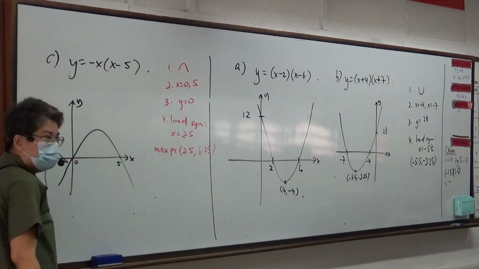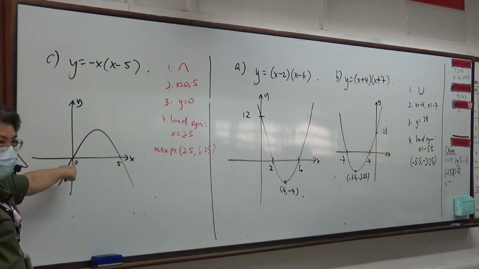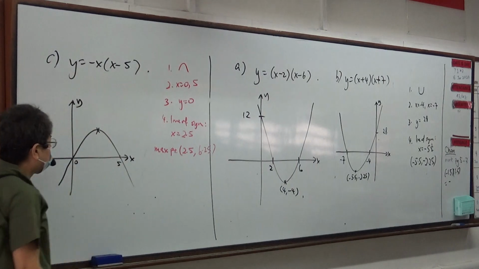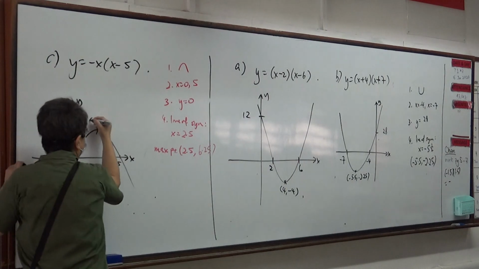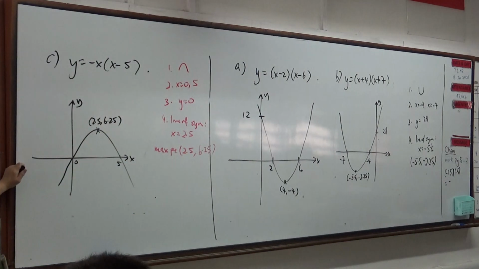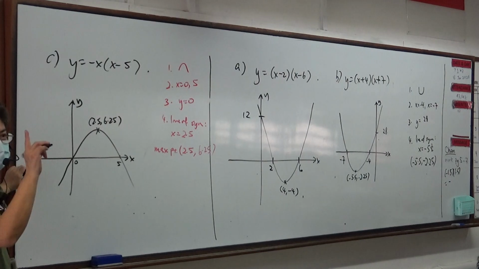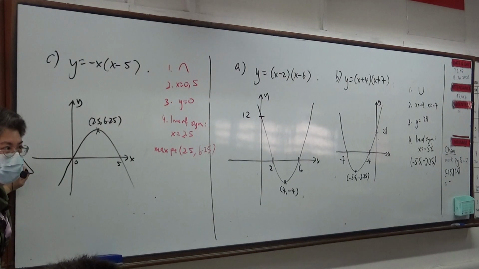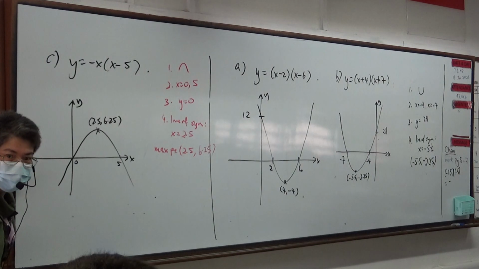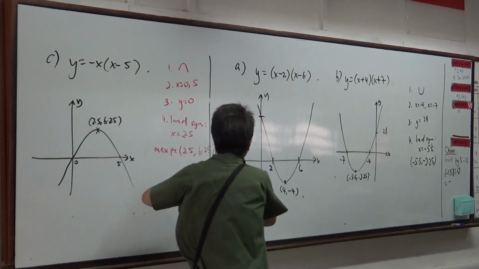This is 5. The y-intercept is also 0, so it's here. What about this point? 2.5, 6.25. Now you will ask teacher, if I put 5 over 2, then mixed number can. But you must know where it is. Everybody clear? Can or cannot? Can, huh? Okay, last one. D.